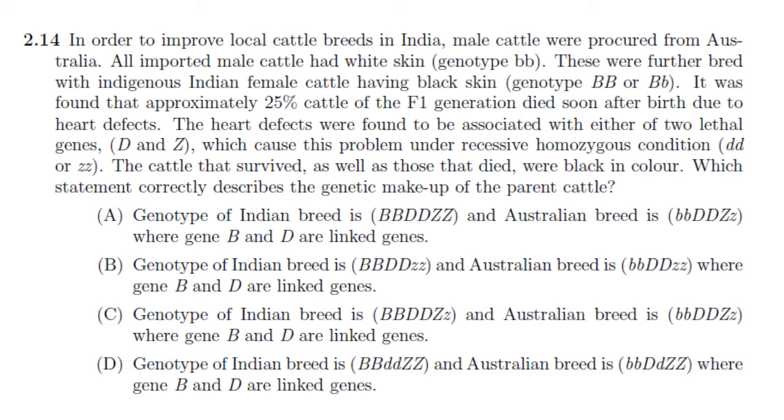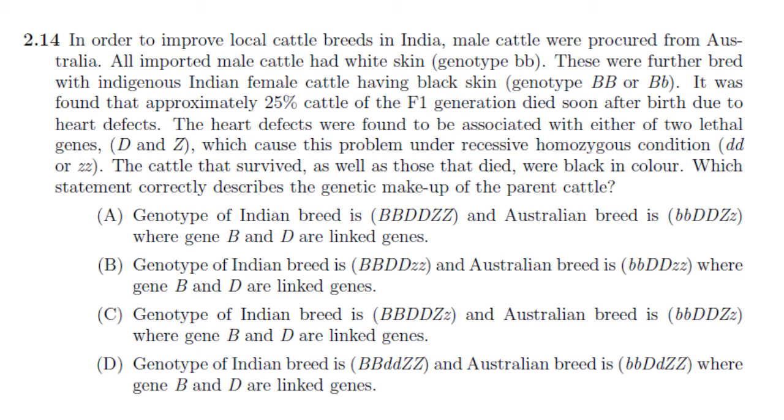The heart defects were found to be associated with either of two lethal genes, that is either D or Z, which cause this problem under recessive homozygous condition. So only if the genes D and Z are in recessive homozygous condition, they will cause lethal effects.